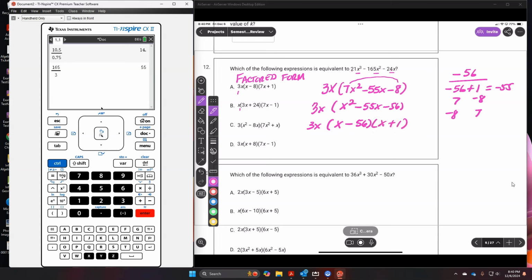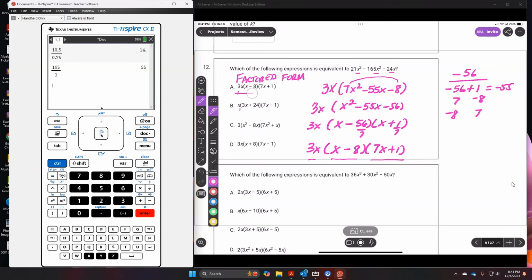And since we took out the 7, we're dividing by 7. So we have 3x parentheses x, and what's 56 divided by 7? Minus 8. And this 7 we can't have there. We have to put it next to the x, so it's 7x plus 1. So the factors are 3x, the next factor is x minus 8, and then the next factor is 7x plus 1.